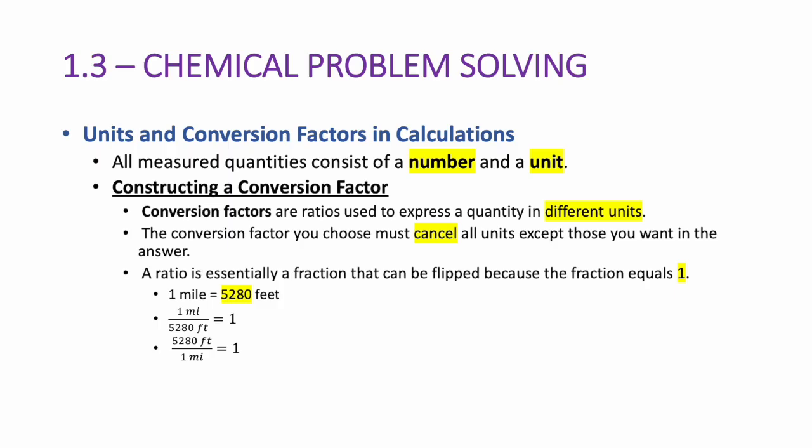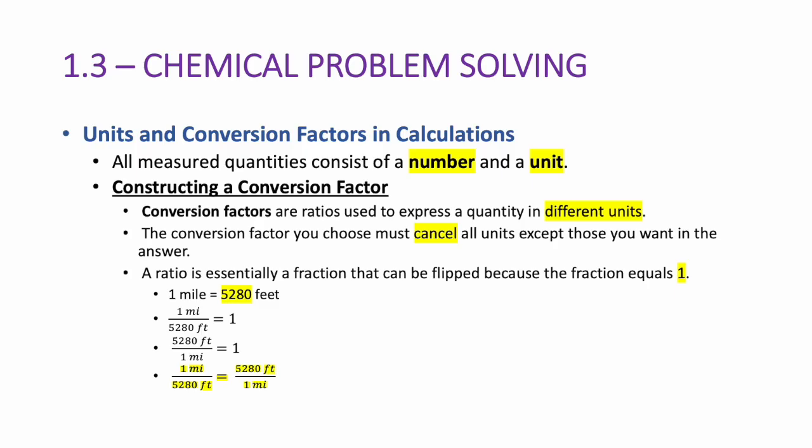We can also just flip it. We can flip the denominator and the numerator, wherein we're saying 5,280 feet over 1 mile is an equality because it still equals 1. And with that rationale, we can say that the flipped conversion factors are equal to each other.